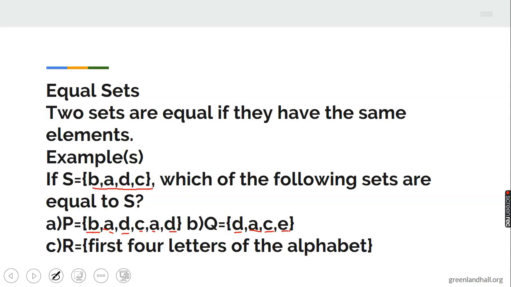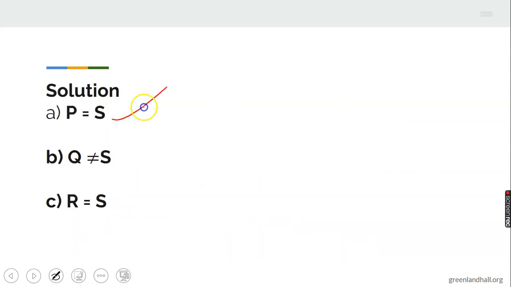You can see that all the elements you have in S are in P. A is there, D is there, C is there, and B is there. So S is equal to P. So the first one is correct.